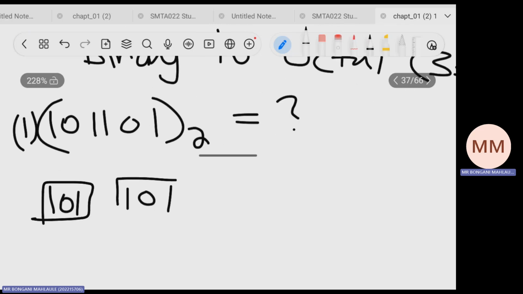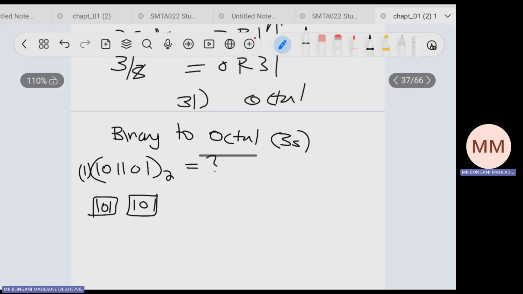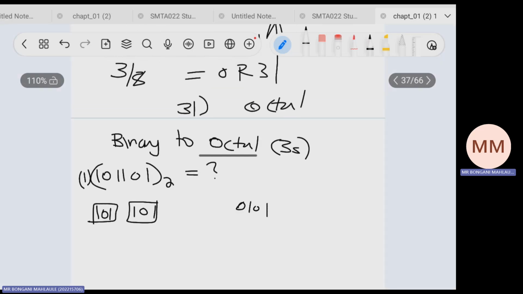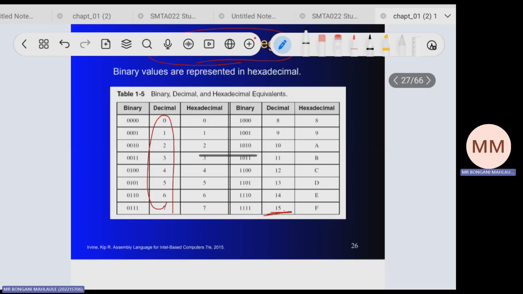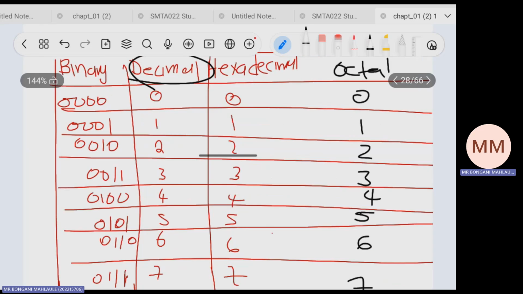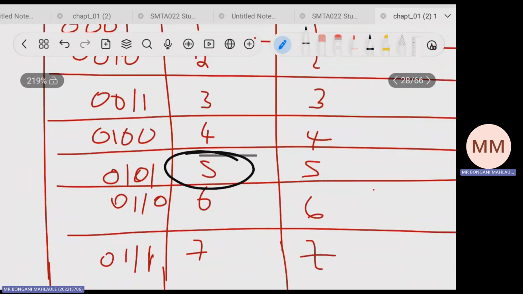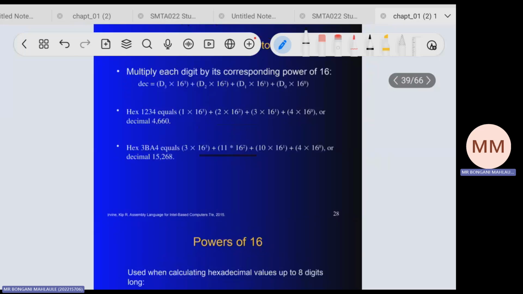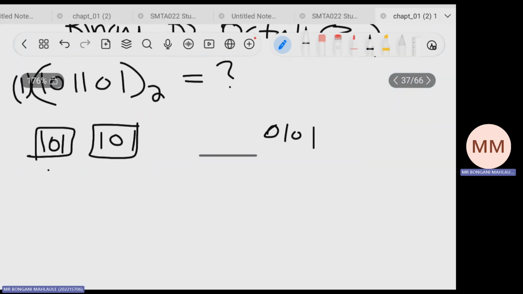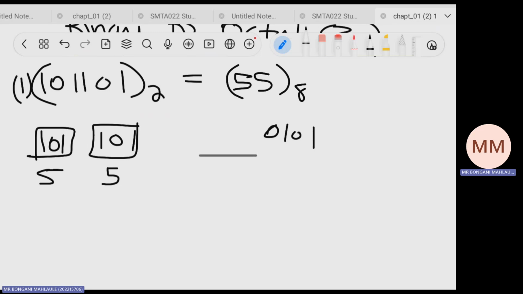On the table, 101 is equal to 5. So in this case, this is 5 and this is 5. So the answer to this will just be 55 base 8.